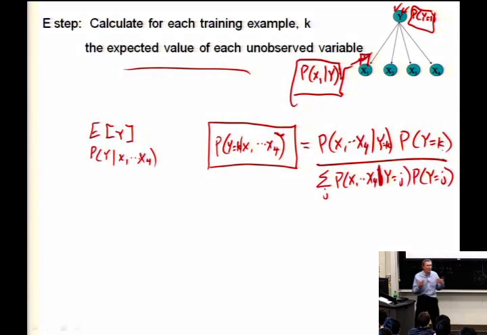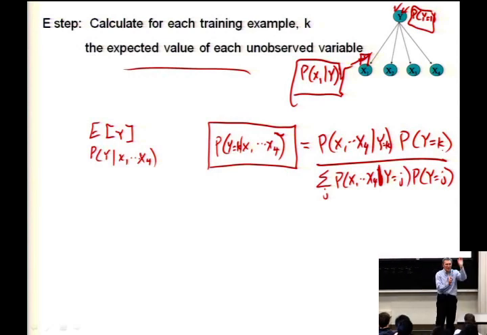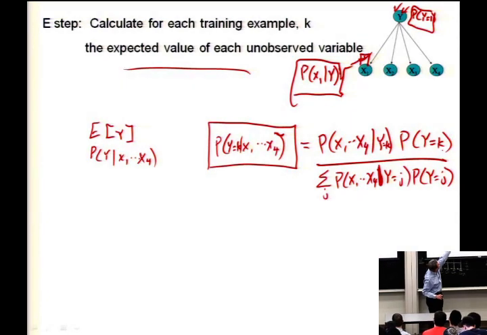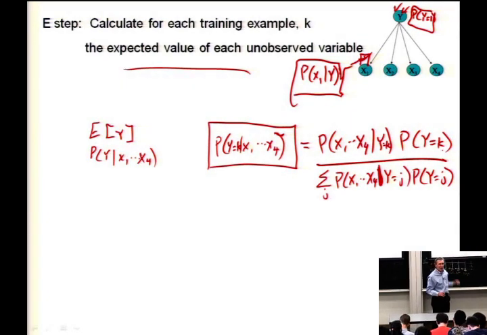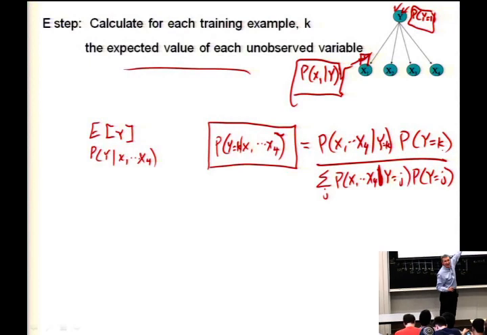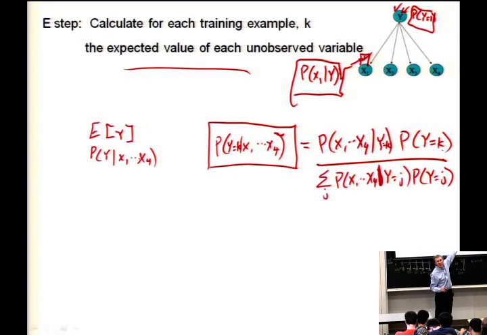Anytime we leave out the actual variable equals value, we're just abbreviating notation. So I unabbreviated it there for y so that we could be clear on what we're doing. So the probability that y takes on the value k, conditioned on x1 through x4, by Bayes' rule is just this thing. And that denominator is just equal to the probability of x1 through x4, because essentially we're marginalizing out the y variable.